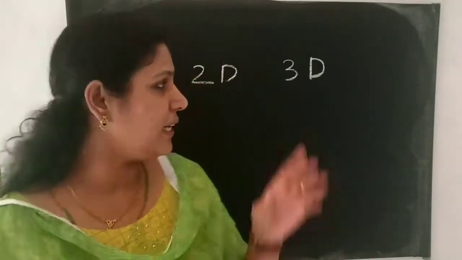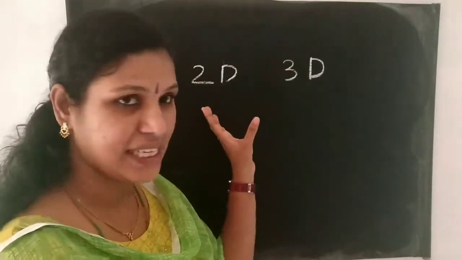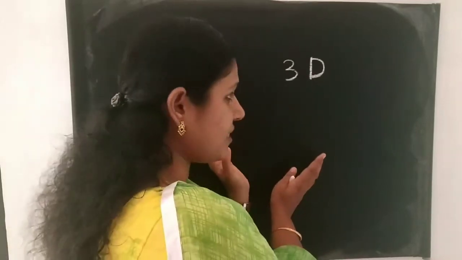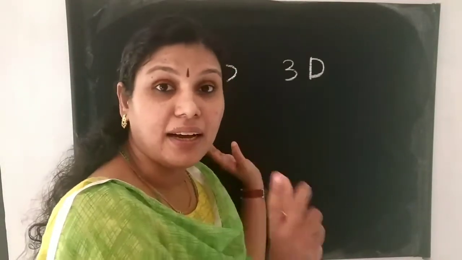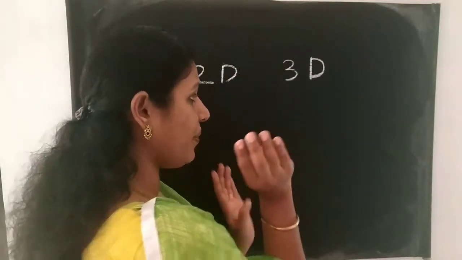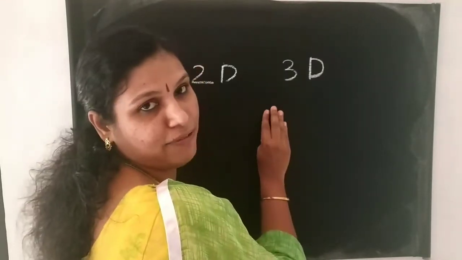Now, what is the difference between 2D shapes and 3D shapes? Here, if we fix a 2D shape on a surface, that object will stick on that surface.